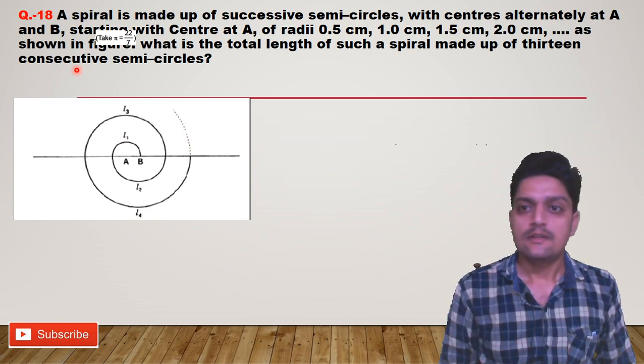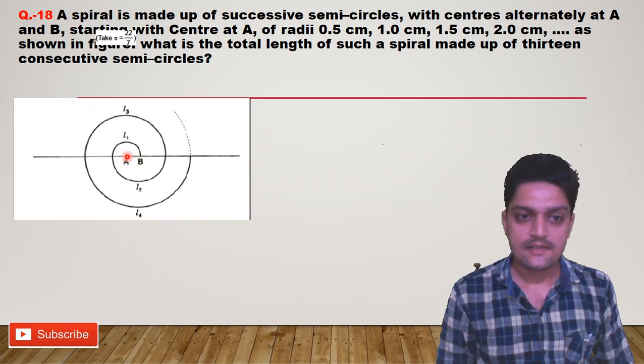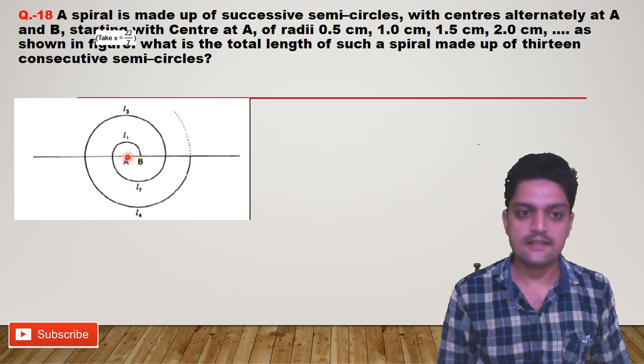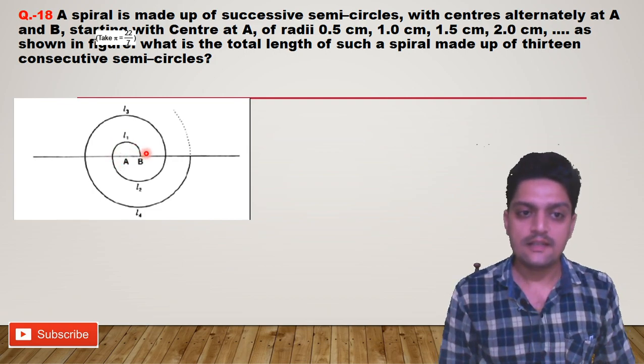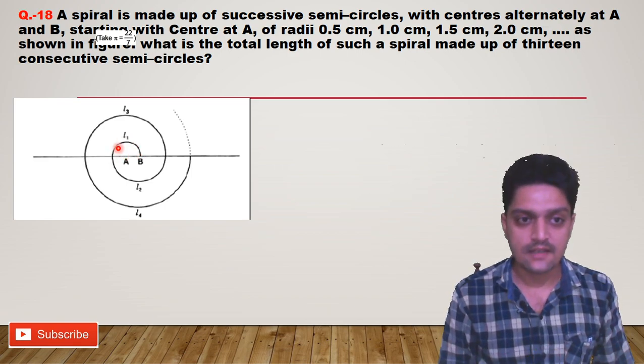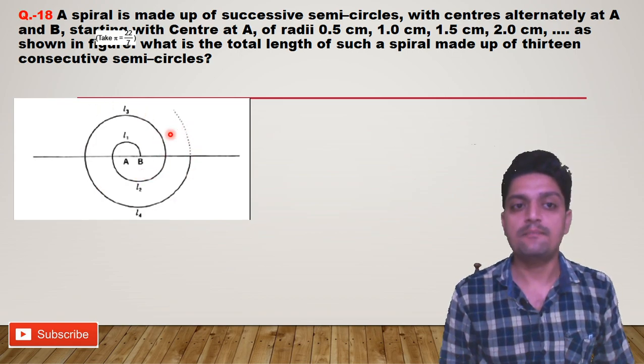So alternately at A and B: A is the center and B is on the radius, so AB is the radius of this semicircle. Using these half circles, this spiral is made.